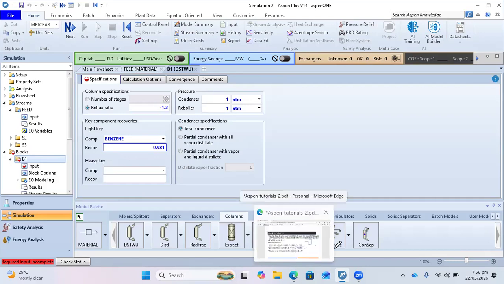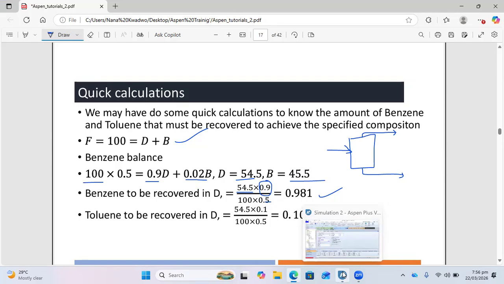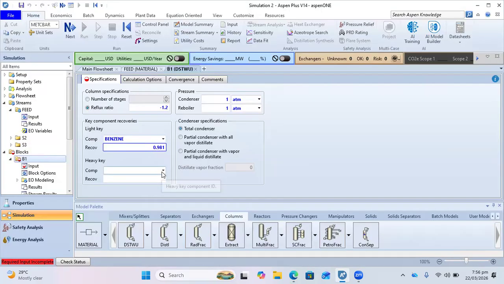And then toluene, still in the distillate, so we don't do distillate and bottom, we do everything for just the distillate. So toluene in the distillate was 0.109. So we specify toluene, and the value was 0.109. Okay, so we can run it now, and then we can look at the results.